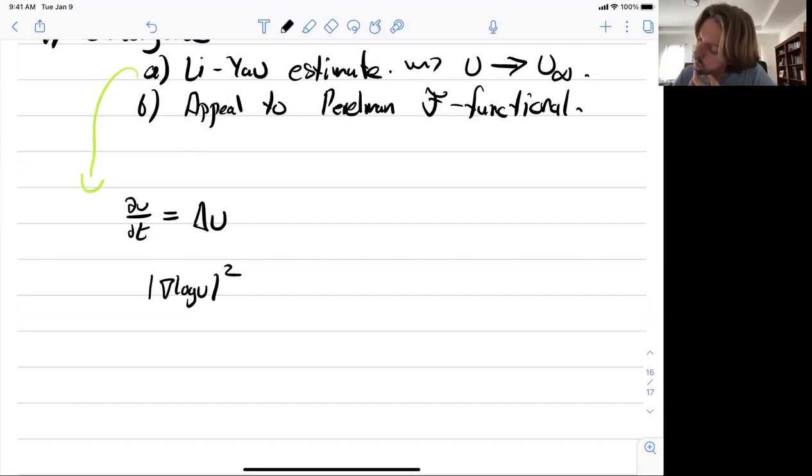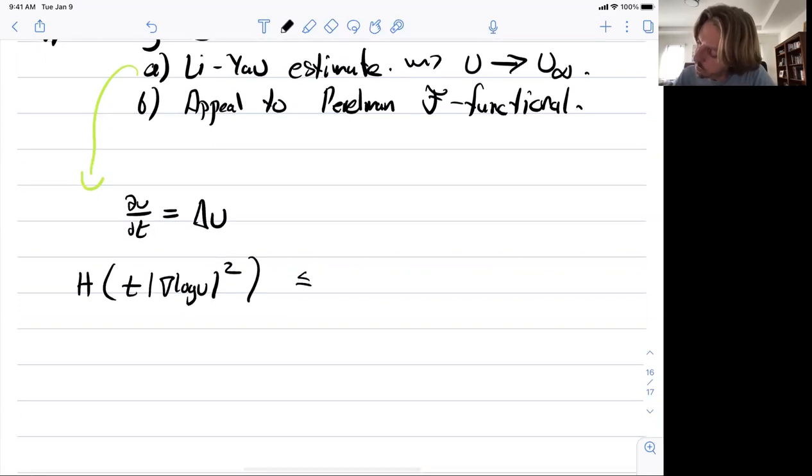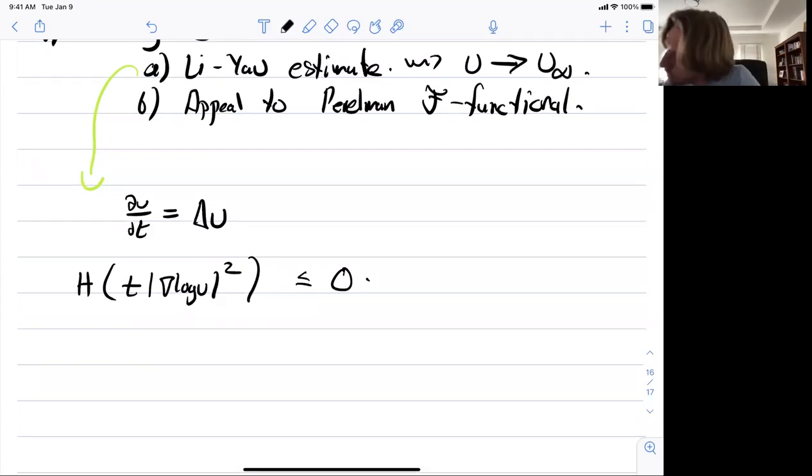So you end up estimating t times grad log u squared plus, I always forget the precise term, but basically the idea, I mean, you have to do some work, is that some quantity like this should be less than or equal to 0. Oh yeah, sorry, I forgot some of the terms. Maybe plus.